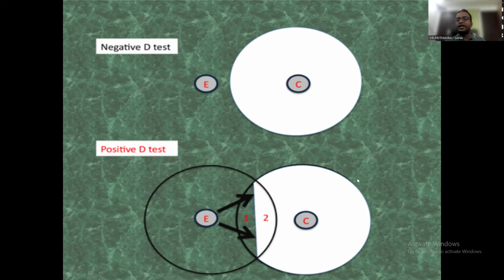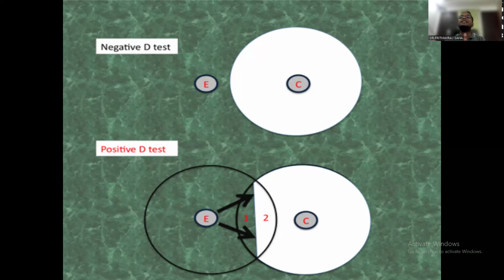Right? Because the erythromycin has diffused to this area, and by diffusing to this area, it has inhibited the action of clindamycin by inducing resistance of clindamycin to that bacteria.